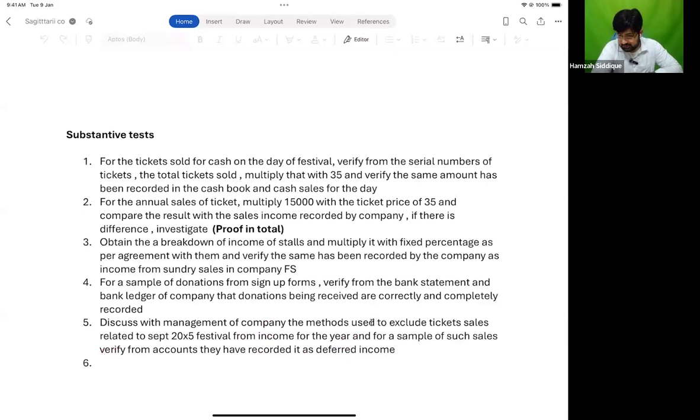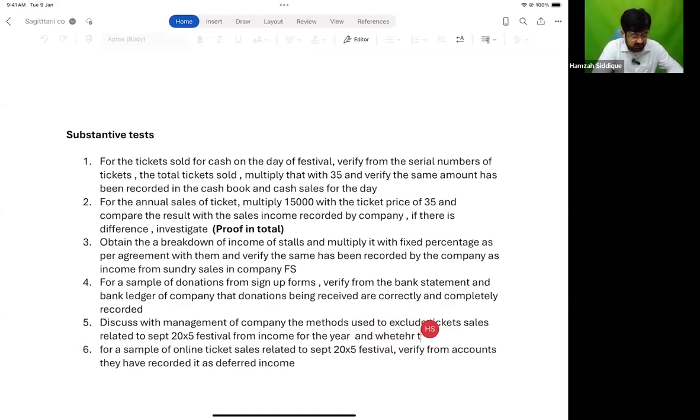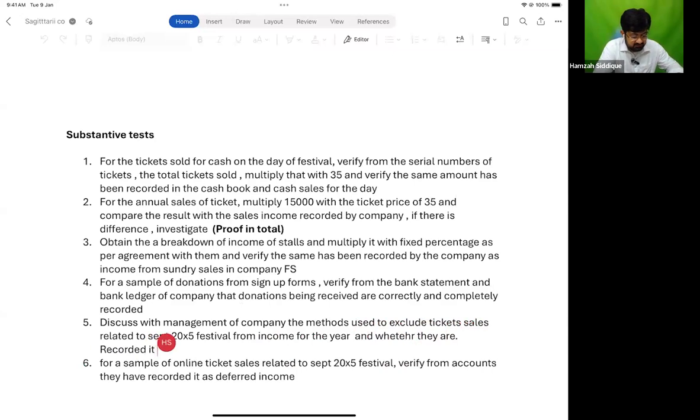You can make two procedures from it. Make it the second: for a sample of online ticket sales related to the September 20X5 festival, check how they are making sure and whether they are recording it as deferred income.